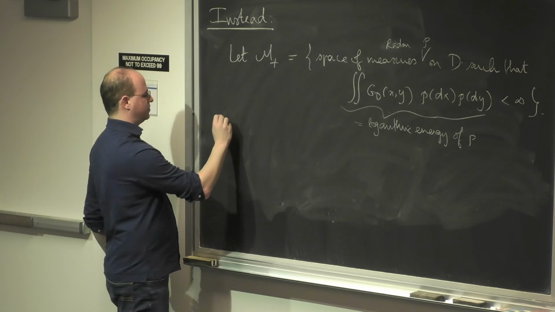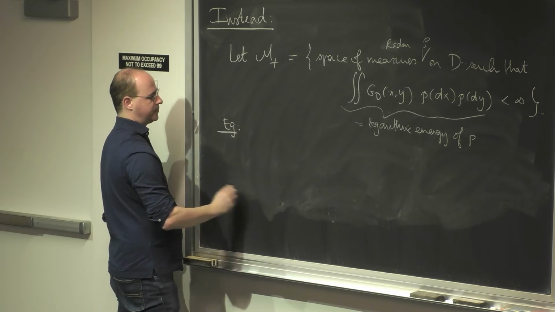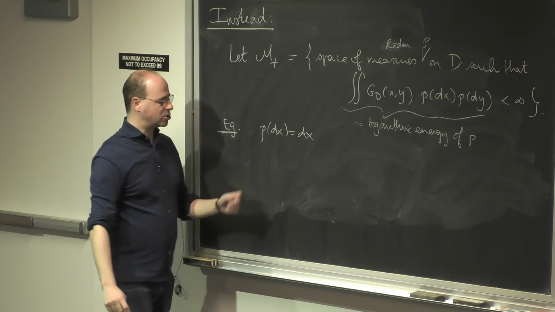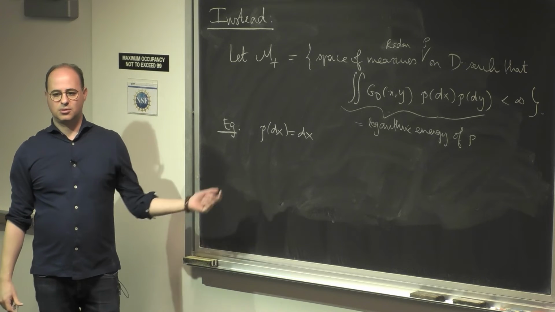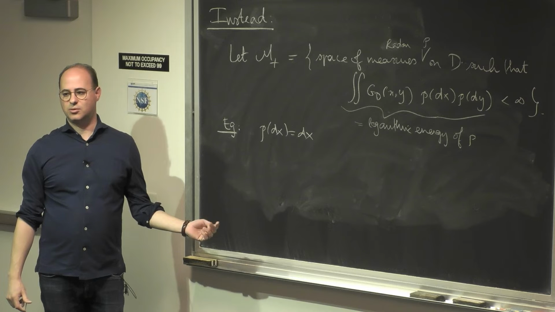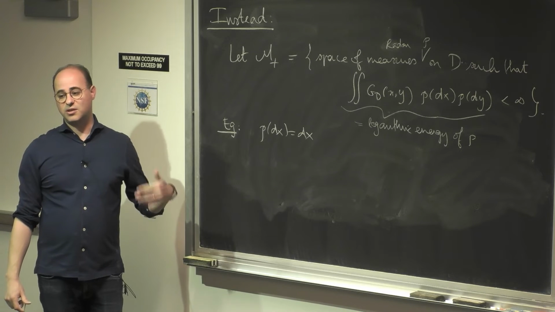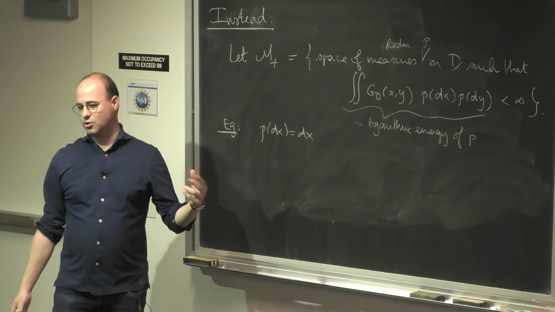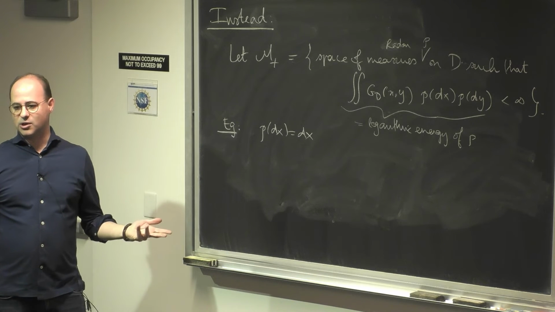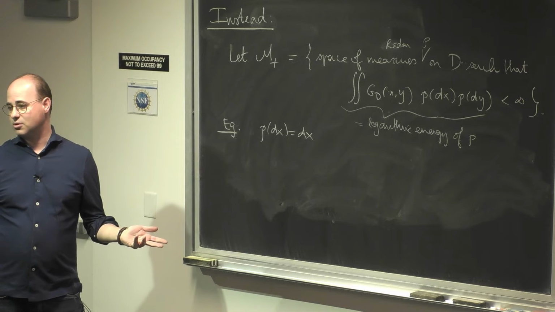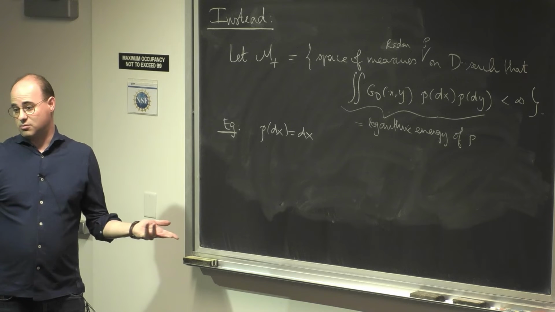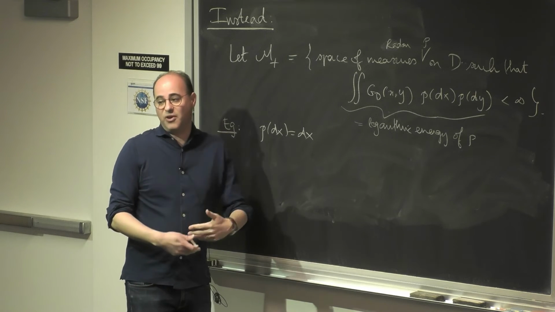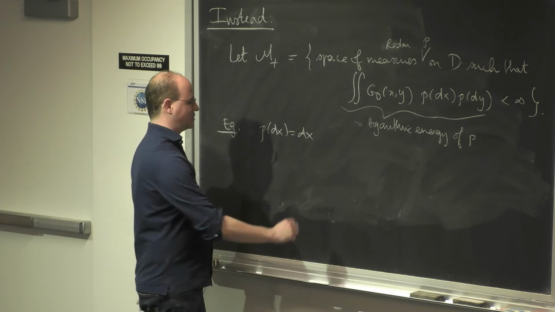For instance, Lebesgue measure, is that in M plus? Can I integrate log of x minus y? Really the problem is about integrating close to x equal to y. Can I integrate log of 1 over x minus y in 2D? Yes, right? The integral of log r blows up, but very, very slowly. There's no problem.